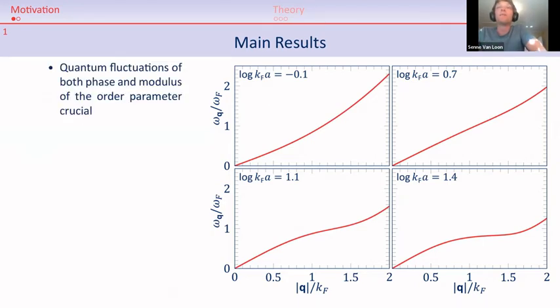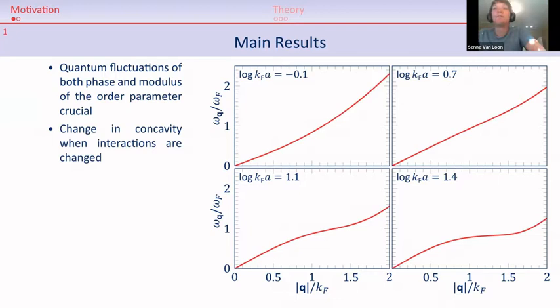And so the main conclusions that I will talk about today are, first of all, that to obtain this red line that I show you, it's crucial to include quantum fluctuations of both the phase and the modulus of the order parameter. Otherwise, you get unphysical results.